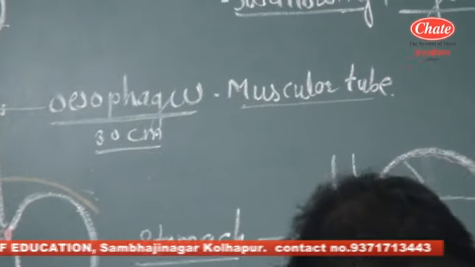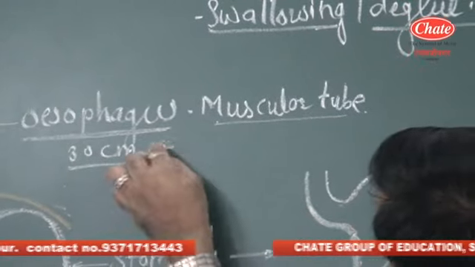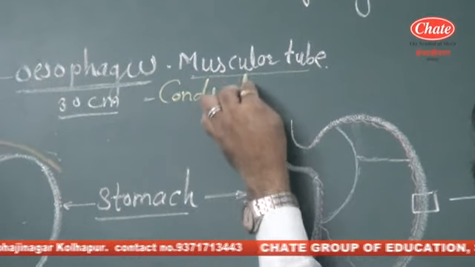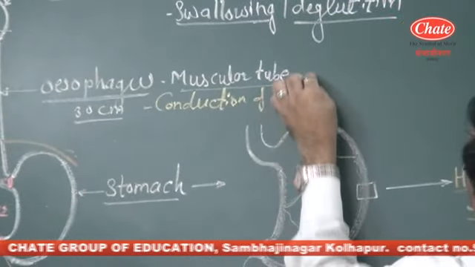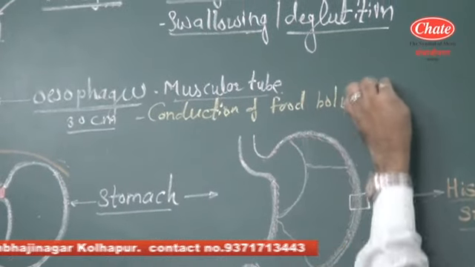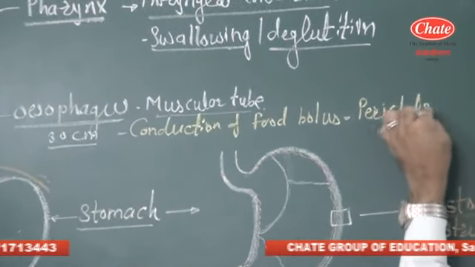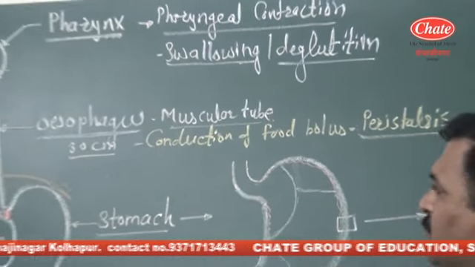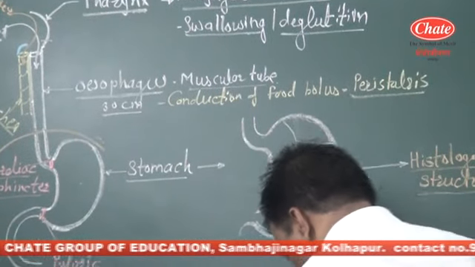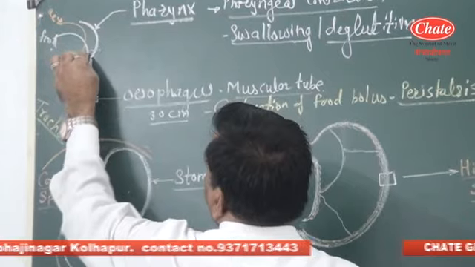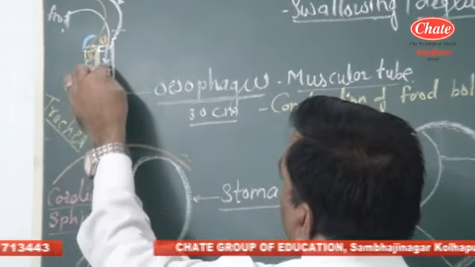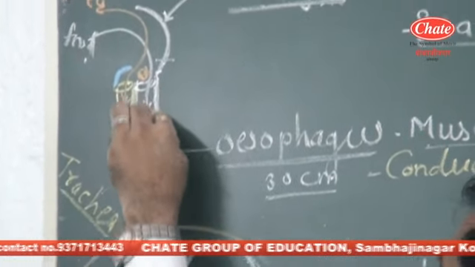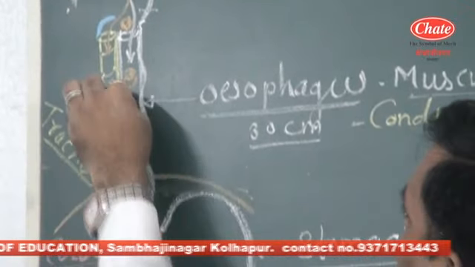This esophagus plays an important role, that is conduction of food bolus by peristalsis. You know that peristalsis is rhythmic contraction and relaxation of smooth muscles. So the food bolus present here is transferred to the stomach through the esophagus. This esophagus shows waves of contraction and relaxation like this, and transfers the food.